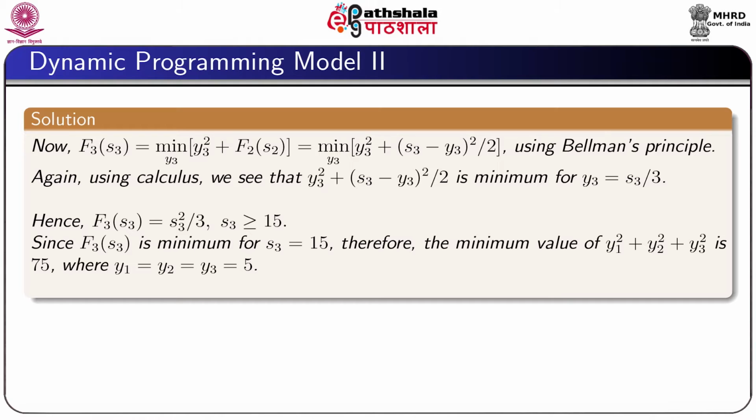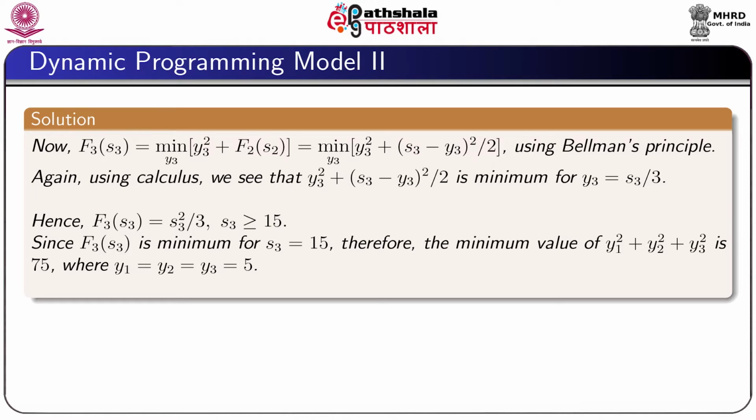Now, we again use calculus to find the value of Y3, which minimizes Y3 square plus (S3 minus Y3) whole square by 2, and we find the value of Y3 as S3 by 3. Hence, capital F3 S3 equal to S3 square by 3, where S3 is greater than or equal to 15.